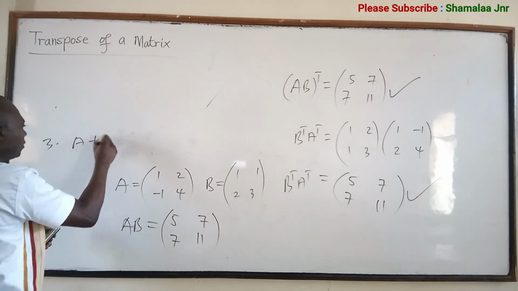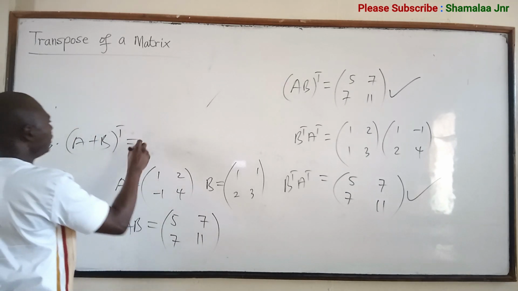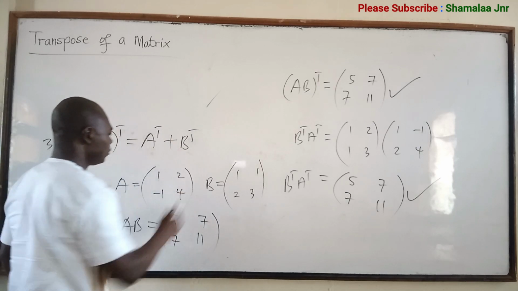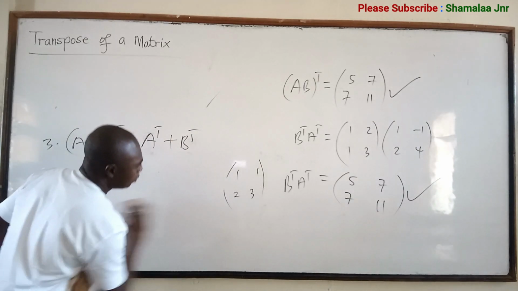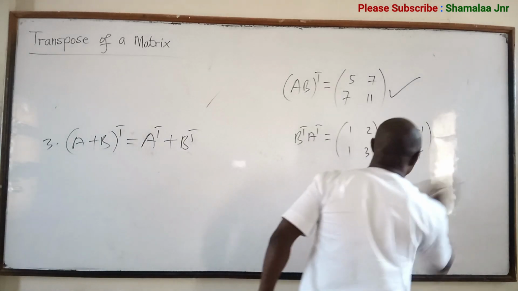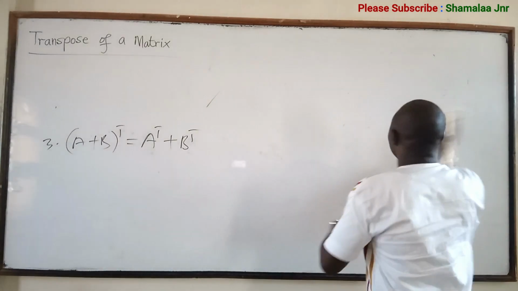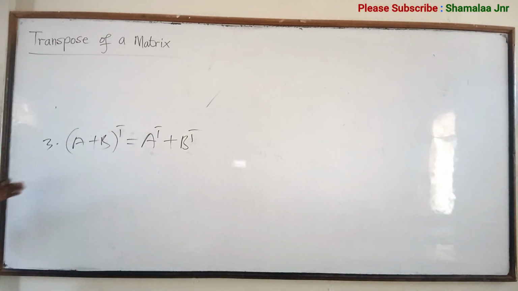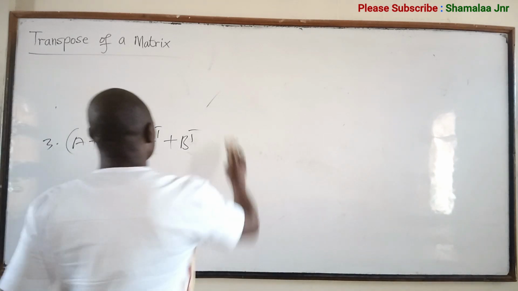A plus B transpose. This is the same as A transpose plus B transpose. This is also true. Yes, this is also true, viewers. A plus B transpose is equal to A transpose plus B transpose. This is true. Yes.